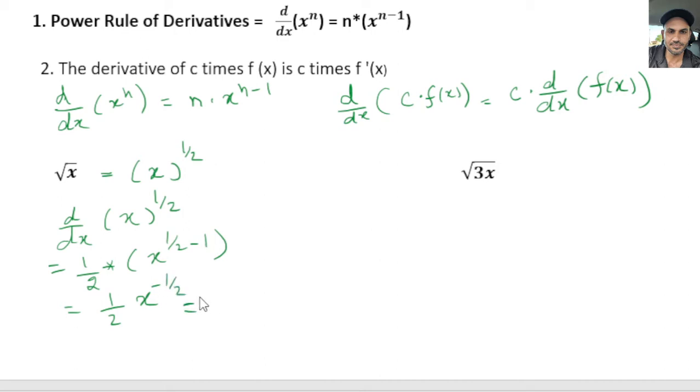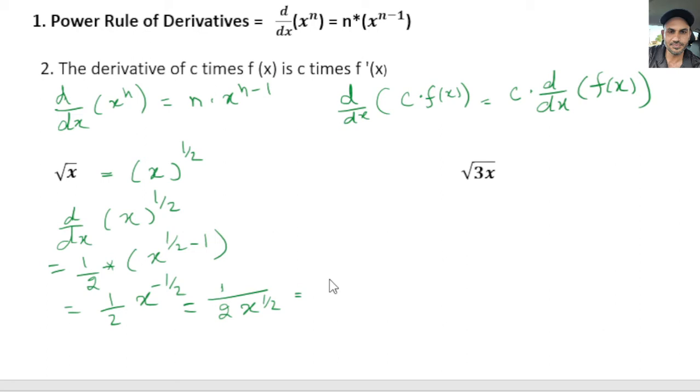Now we're going to use another property of exponents. Whenever we have an expression that has a negative exponent, we can change its location. We can bring it into the denominator and change the sign of the exponent. So this would become 1 over 2 x to the 1/2.